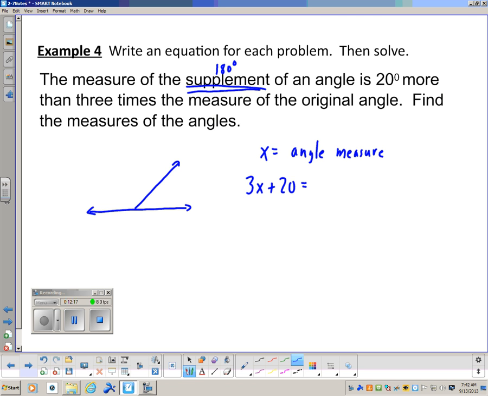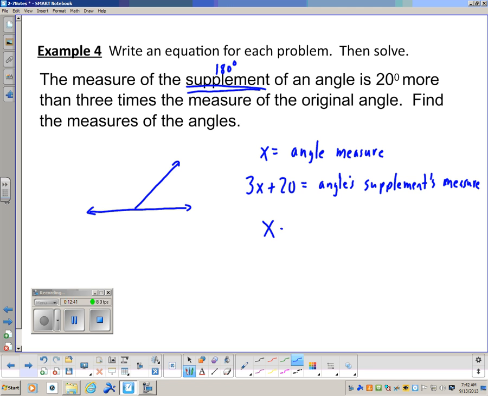That equals angle supplement measure. Alright, so together the 2 of them have to add up to be 180. So I could do that.